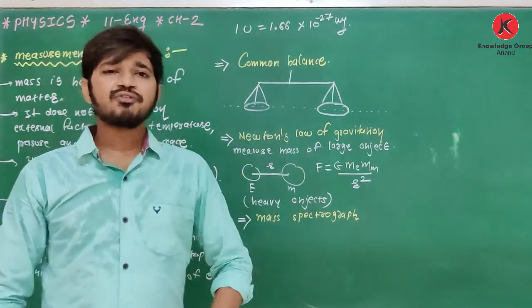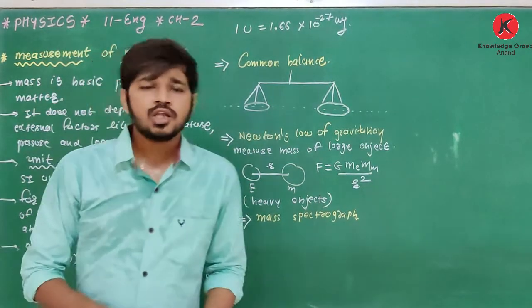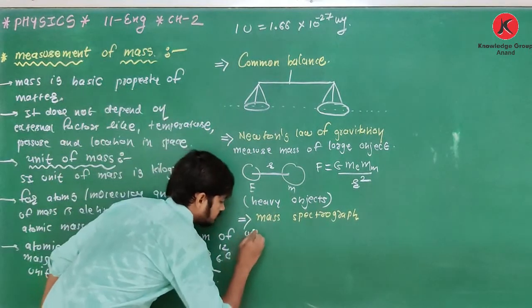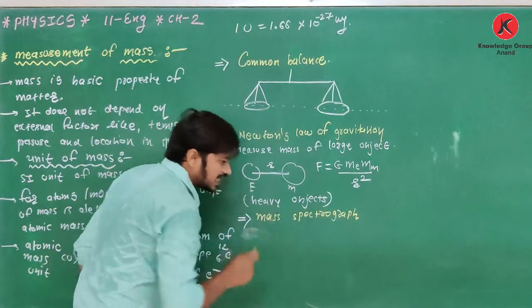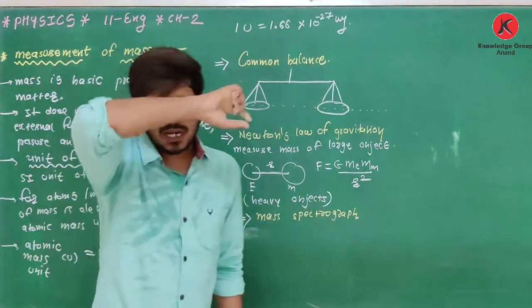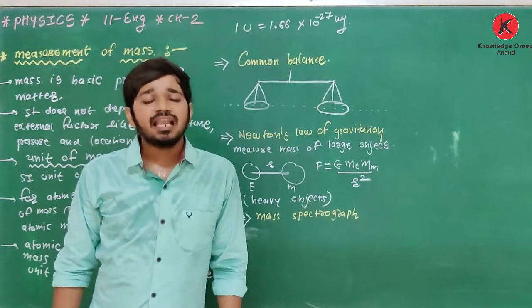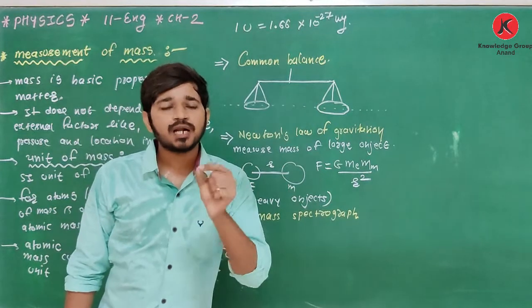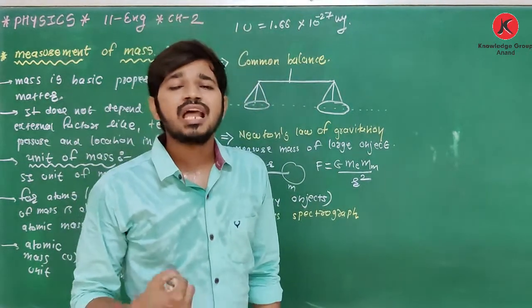Mass spectrograph we will see in 12th. Again we will see this topic in 12th. Here I will give you something. When charged particles are projected in an electric field or magnetic field, the trajectory of the charged particle depends on mass. Trajectory means path.